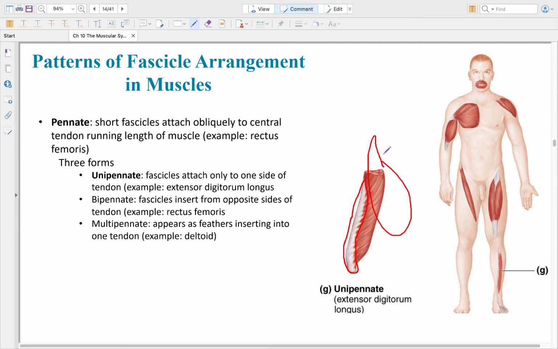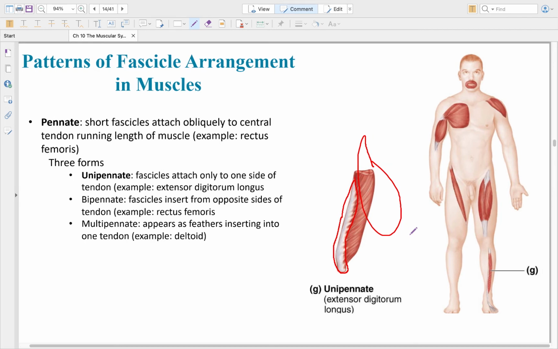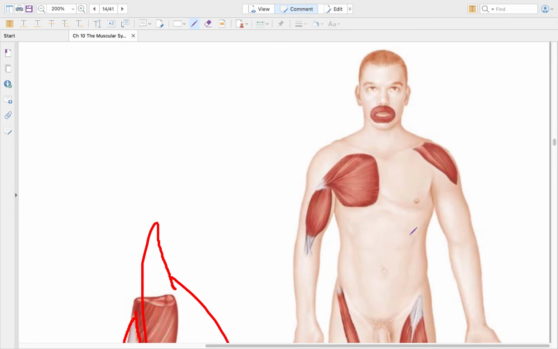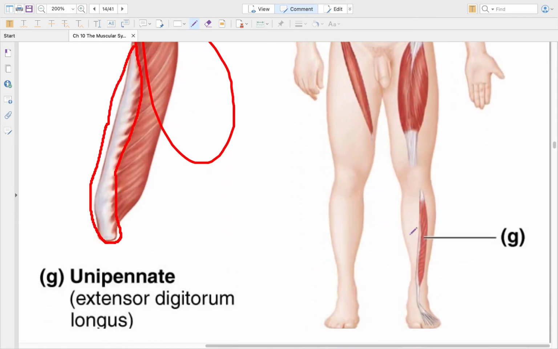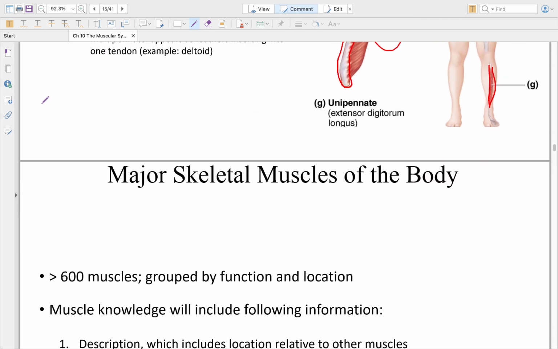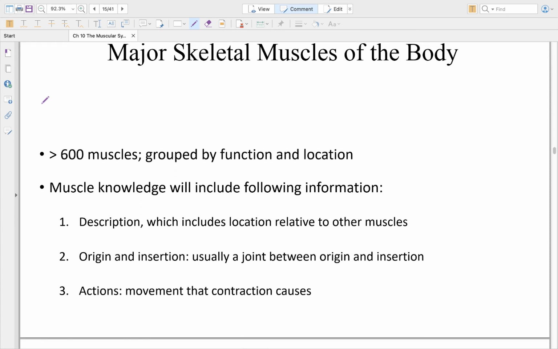This side of the muscle is free. Now an example that they're giving us is the extensor digitorum longus. Okay, and look at this one. See, it's attached over here to the bone. And on this side, the muscle's free. All right, so that's that.